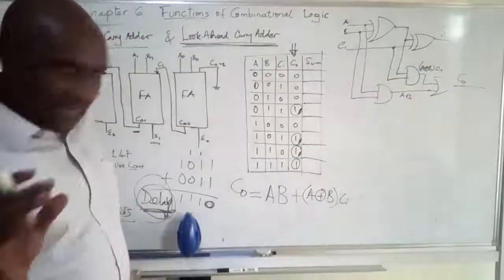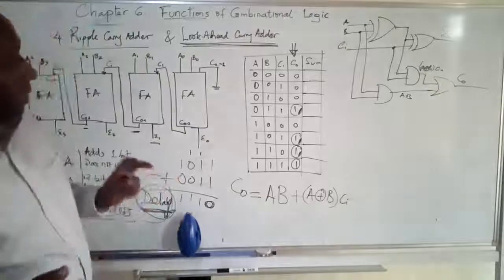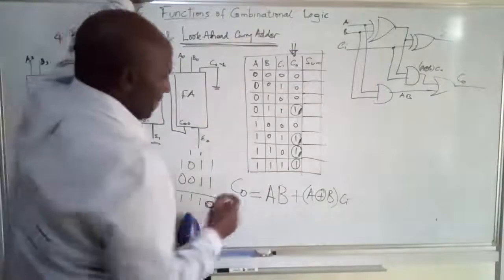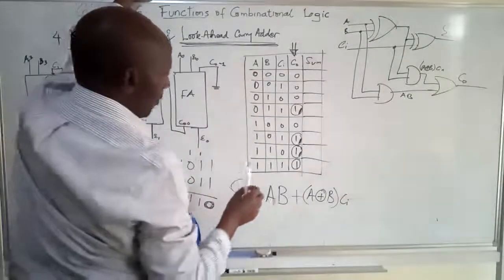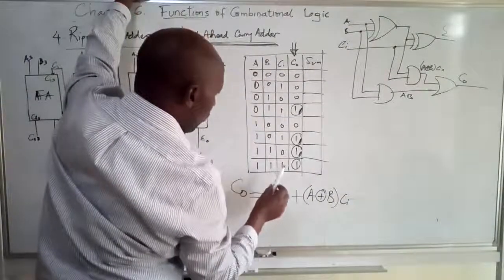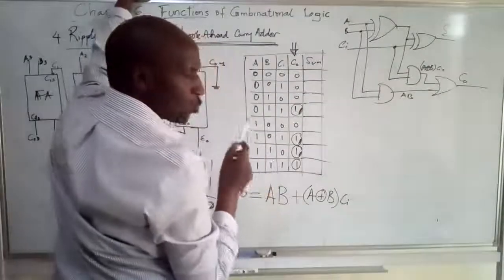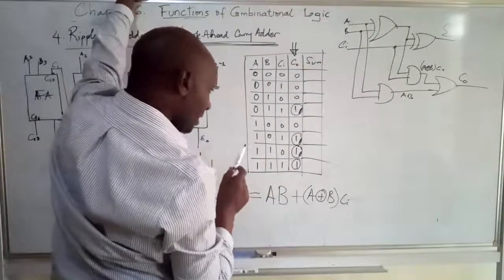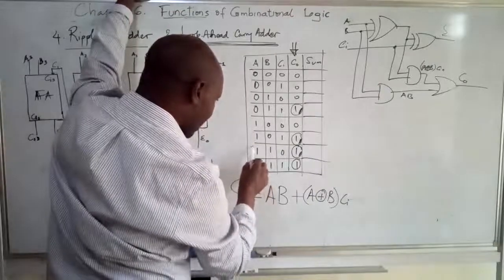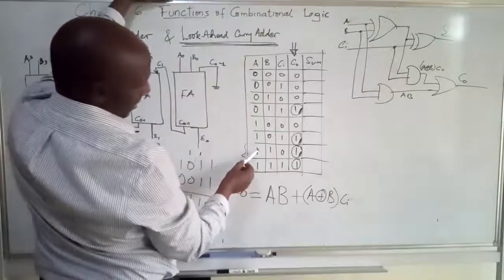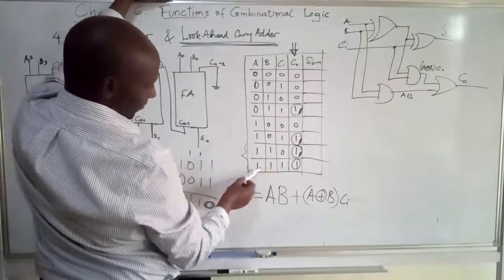So dear friends, as you can see here, when is C out 1? Number 1, let us consider this case, where A and B are 1s.